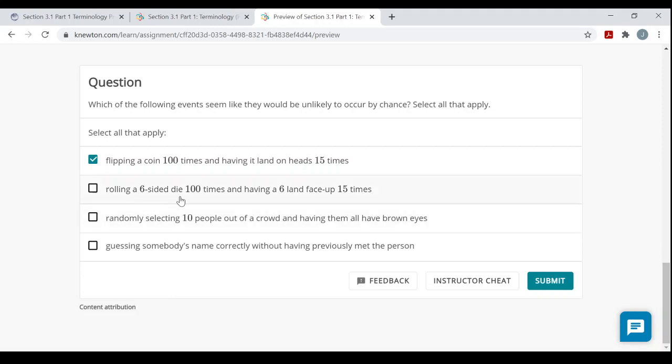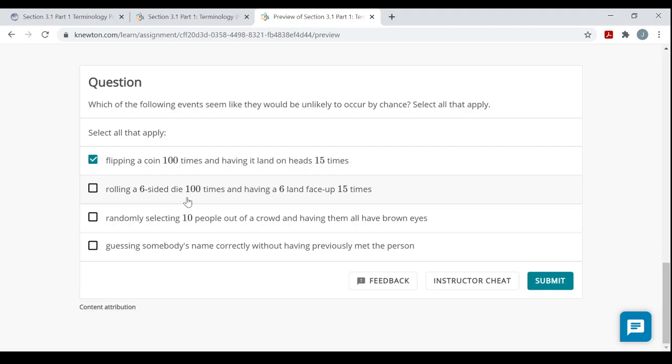Rolling a 6-sided die 100 times, and having a 6 land face up 15 times. Remember, every single value on a die has a 1 in 6 probability of showing up. So 1/6 of 100 is about 17.